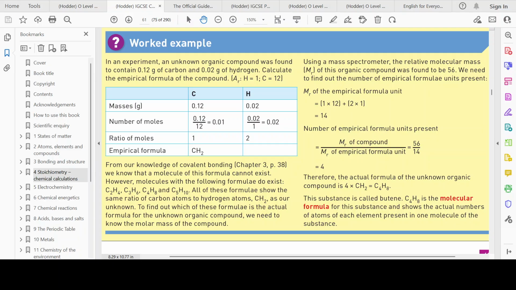Specifically, C4H8 is butene. It's written over here. The substance is called butene. C4H8 is the molecular formula for the substance and shows the actual numbers of atoms of each element present in one molecule of the substance.